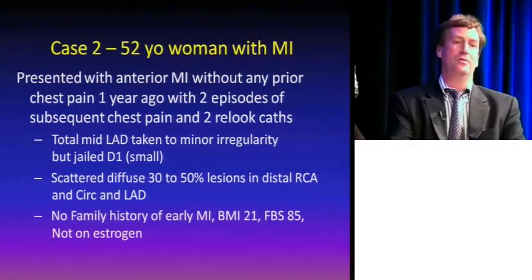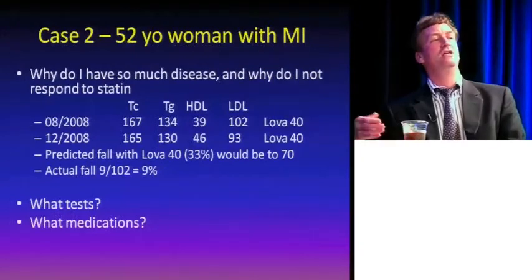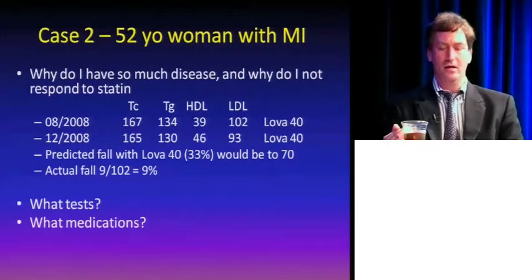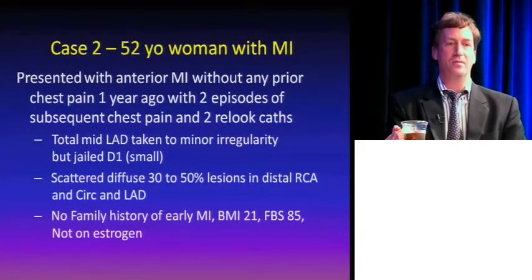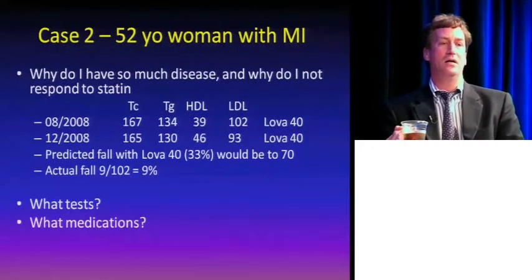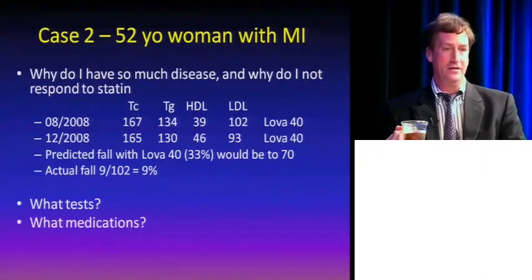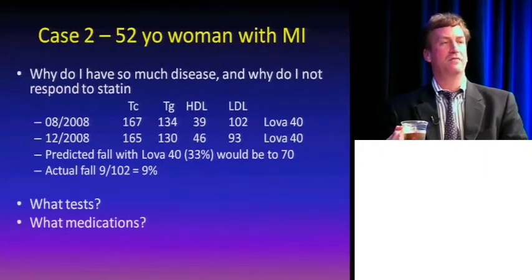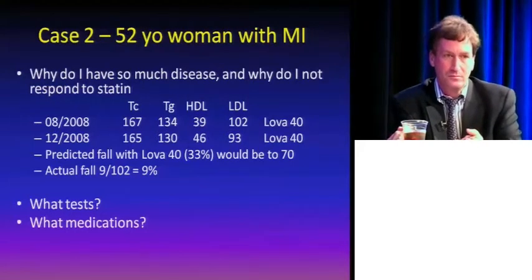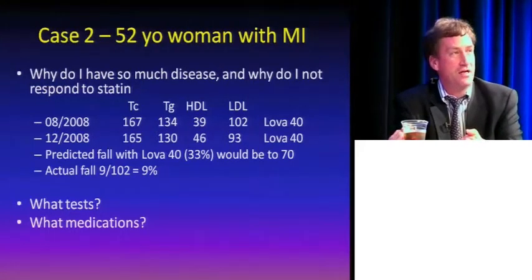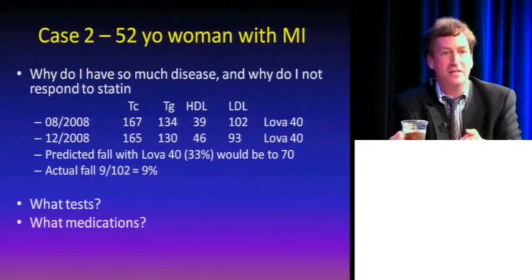And she blamed her problems on the fact that she didn't respond to a statin. Her baseline LDL was 102 when she came in. She was started on lovastatin 40 coming out of the hospital, and on 12/08 she had a repeat LDL drawn and it was 93.